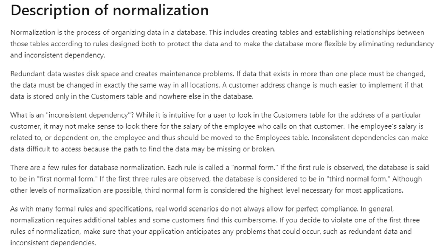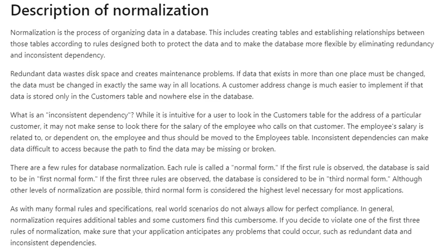What is inconsistent dependency? While it is intuitive for a user to look in the customers table for the address of a particular customer, it may not make sense to look there for the salary of the employee who calls on that customer.